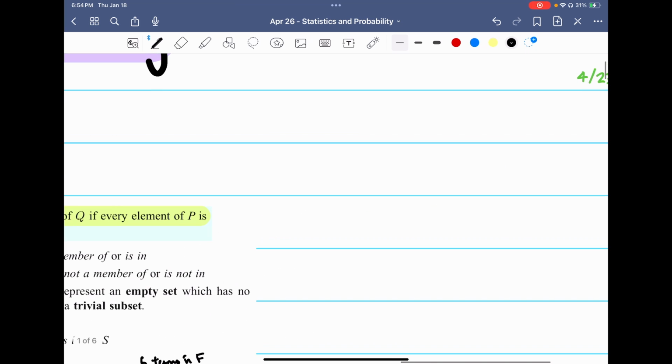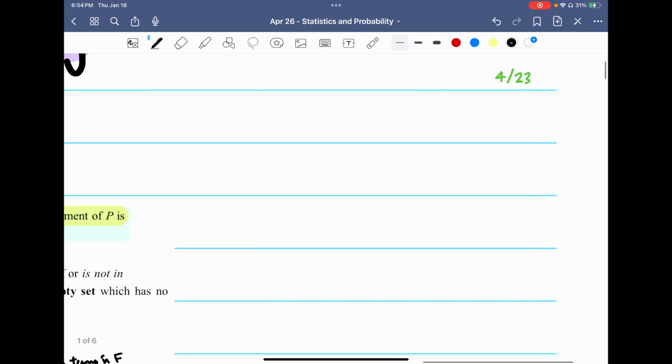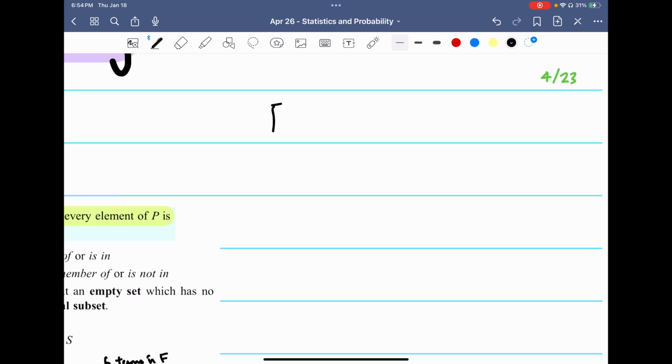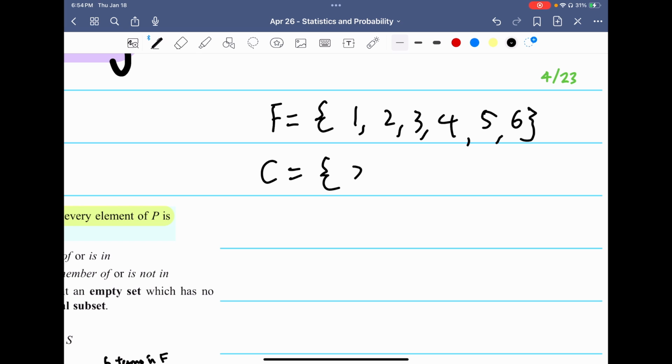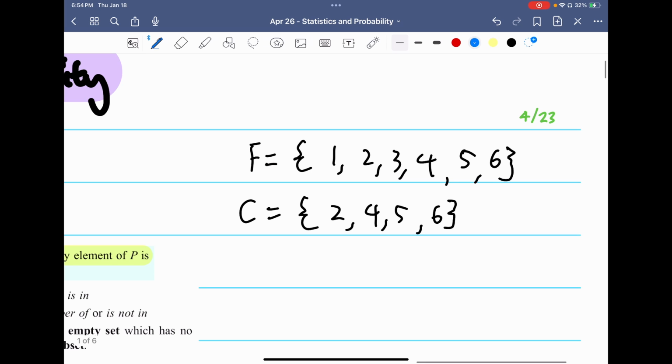We just said that a set is just a set of numbers. Let's say we have a set called F, which contains the values 1, 2, 3, 4, 5, and 6. And let's call another set C with the numbers 2, 4, and 5. Notice how each number within the set C is also a value within the set F, as can be seen here.